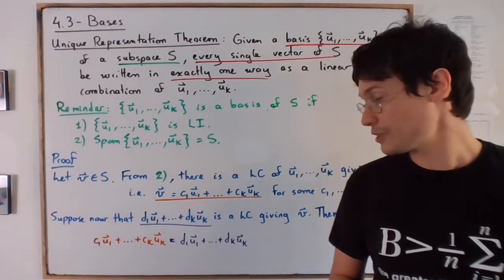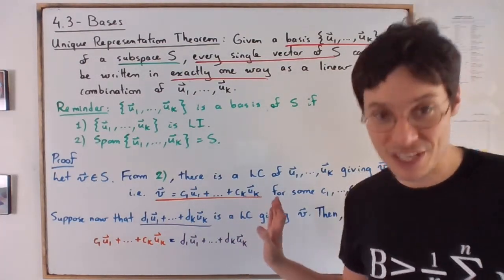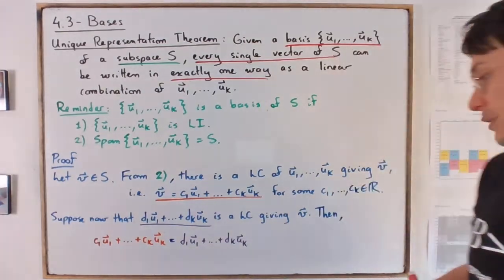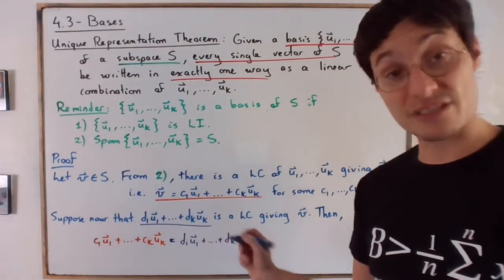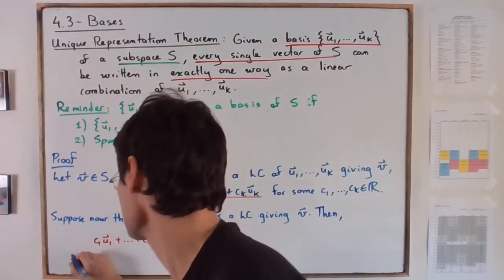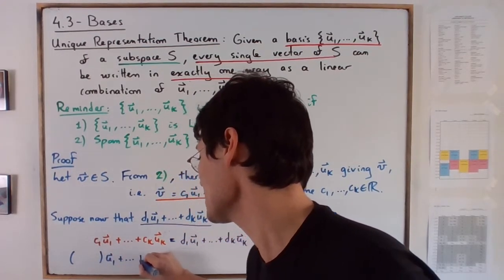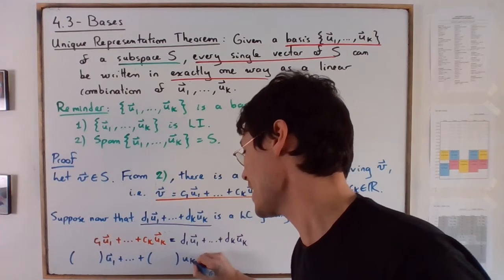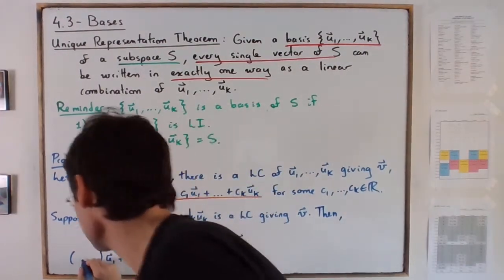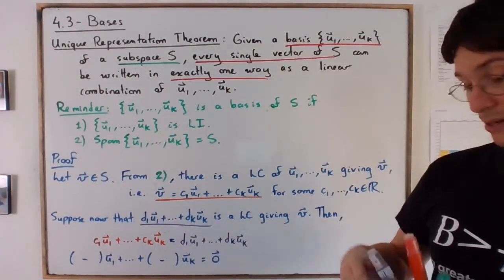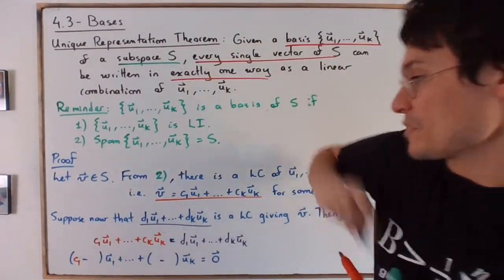Now we're going to swing the purple linear combination to the other side. After grouping all the vectors together, we get something in U1 plus something in UK is equal to the 0 vector, and what we get here is C1 minus D1, C2 minus D2, and all the way up to CK minus DK.